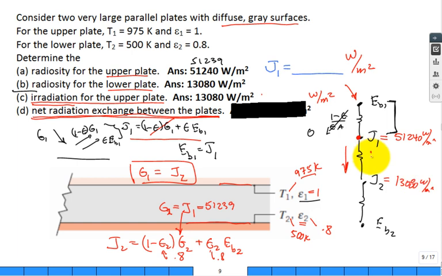What's this resistance? 1 over A F, 1 over A F. So if we pick an area, a lot of times I just pick the area equal to 1 meter squared, then we remember, hey, everything is per meter squared. And what's the view factor from 1 to 2? Is that the same as 2 back to 1? Is it just 100%? So guess what that resistor is?